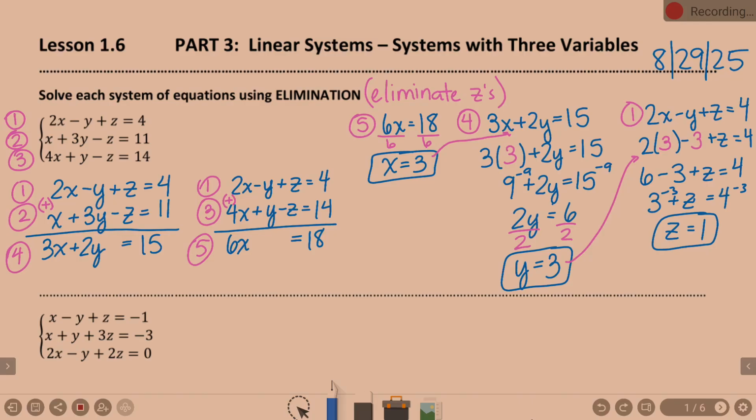Instead of an ordered pair, we're going to do an ordered triple. Okay? An ordered triple, think alphabetical order. So in this case, it's going to be 3, comma 3, comma 1. In other words, in XYZ order. Okay? So Savas will usually want an ordered triple.